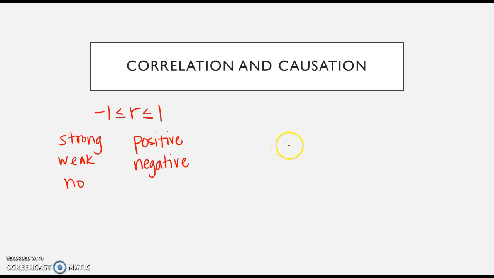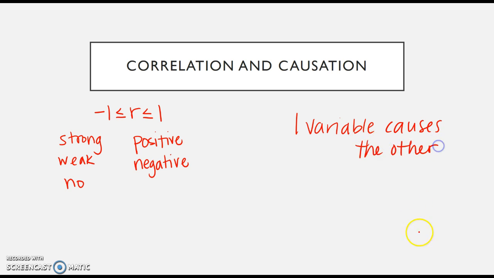The fire itself is what causes both of them to be high, but the actual firefighters had nothing to do with the damage. So causation just means that one variable causes the other. And again, not every situation is causation.